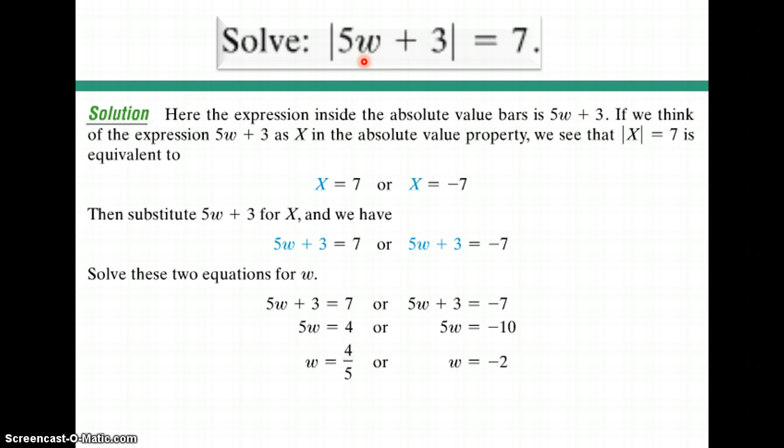Absolute value of 5w plus 3 equal to 7. Now inside the absolute value bar, the expression 5w plus 3, if we change this expression with x, then we can write absolute value of x equal to 7.